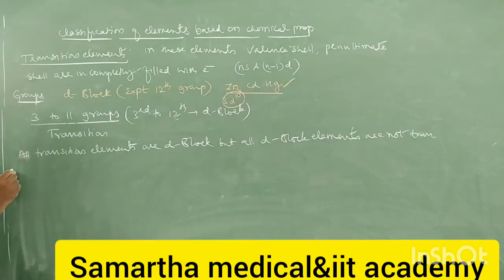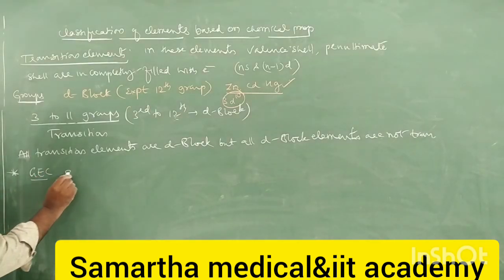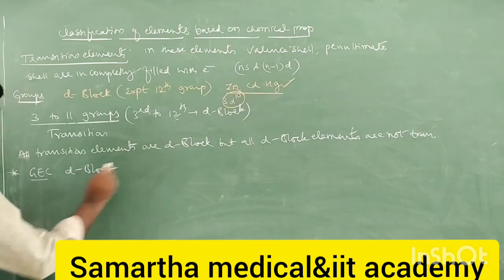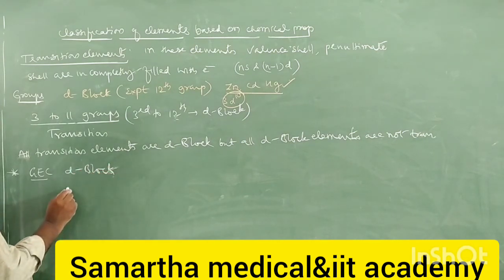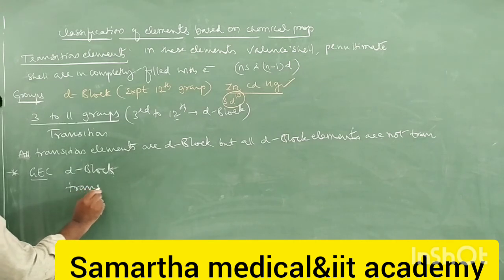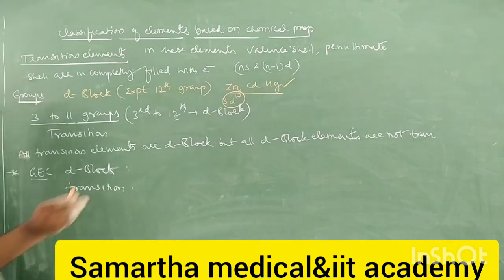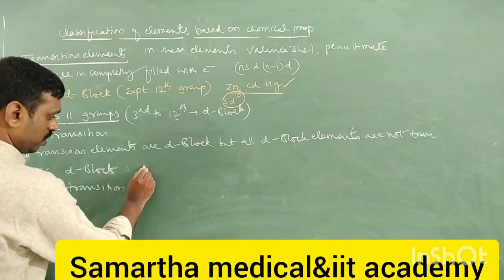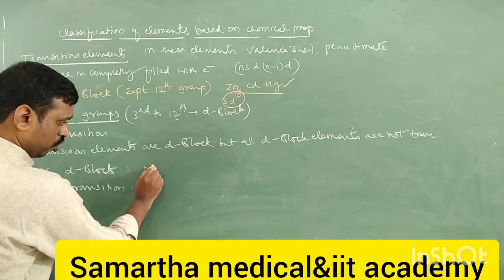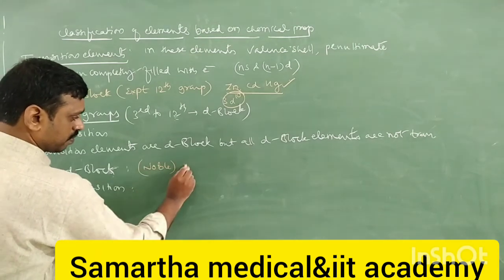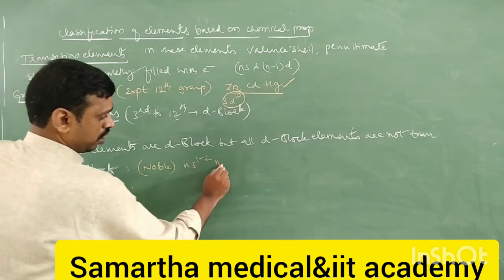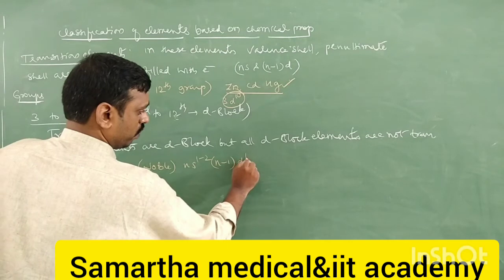Okay, next, what is the general electronic configuration of D block? Let's see D block, next is transition. D block we have already studied: noble gas ns1 to 2, (n minus 1)d1 to 10.